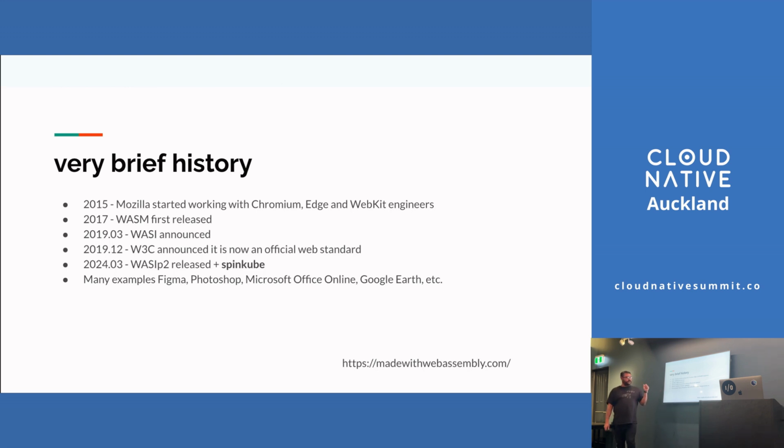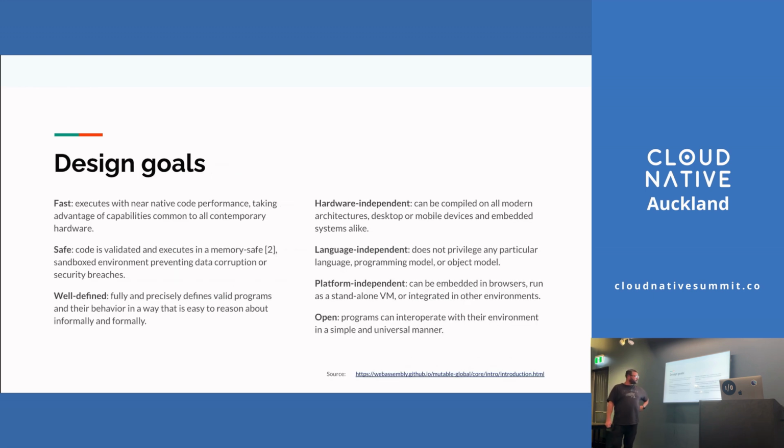You may not have heard of WebAssembly, but you've probably used it a lot, because it's the background of a lot of really cool tools like Figma, Photoshop, Microsoft Office, and Google Earth. It allows them to add really feature-rich application functionality on the web. There is another site you can look up, madewithwebassembly.com, if you're interested. I don't know if it's been updated much, but it shows a few other examples.